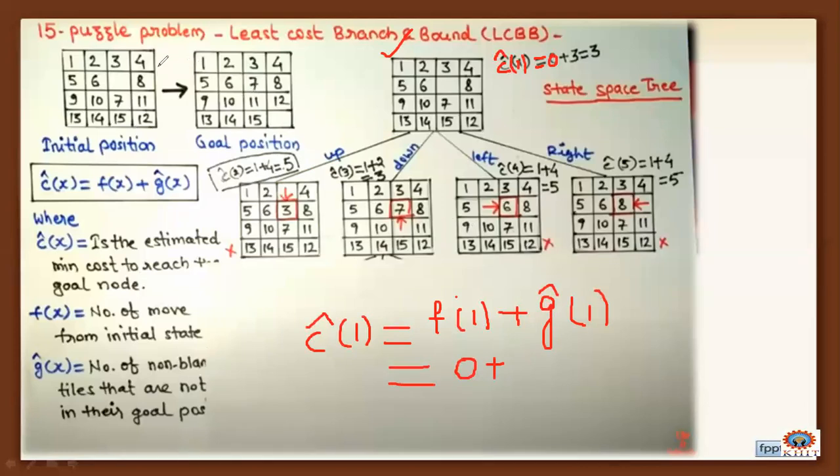You will compare. If you compare the first row, 1, 2, 3, 4, there is no change at all. If you compare the second row, 5, 6, 7, 8, and one change is available here, 7 is one change. 9 is okay, no change. 10 is okay, no change. 11 is okay, no change. 13, no change.